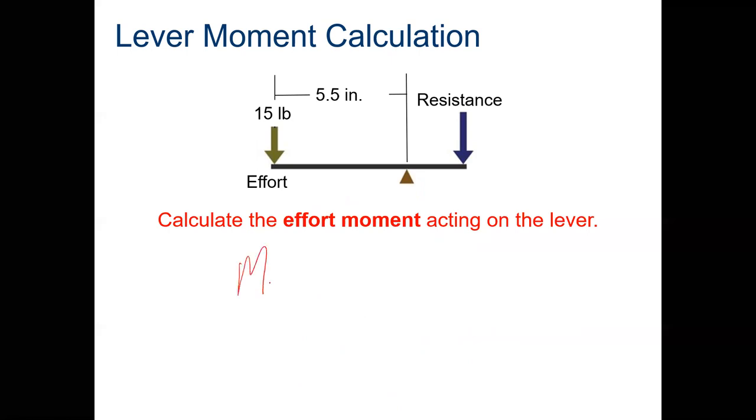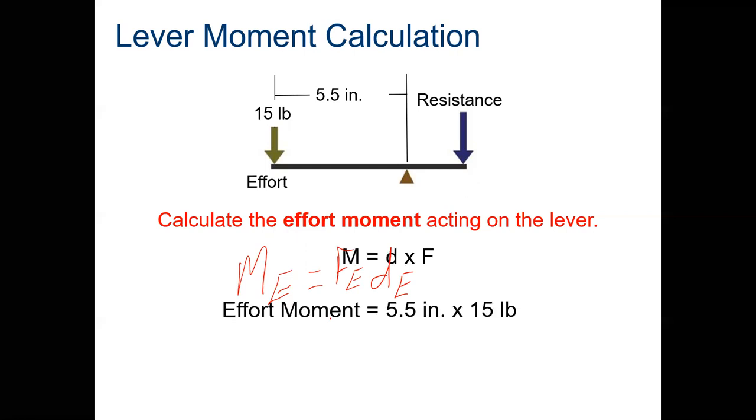So the moment of our effort would be the force of effort times the distance of effort. In this case, it would be 15 times 5.5, and let's let them do the work for me. So 15 times 5.5 is 82.5. And when you write it, you write both units, so I'm multiplying inches times pounds, so I write it as inch pounds is how you would write that moment.